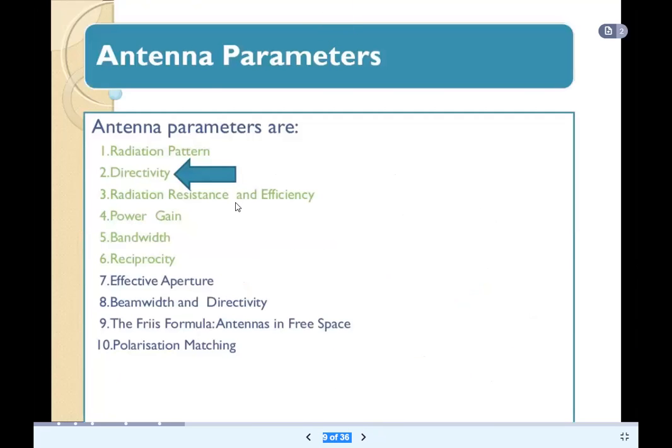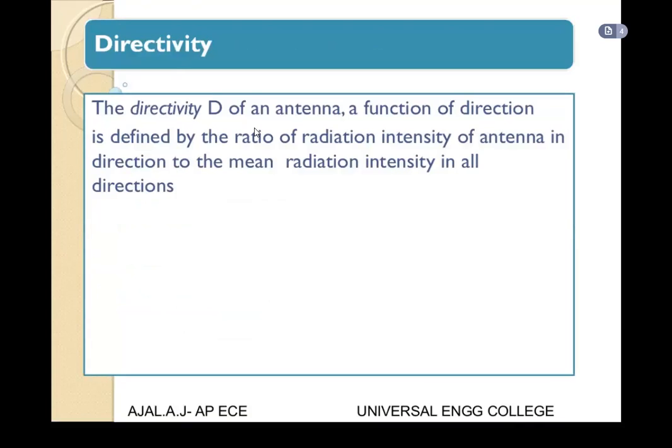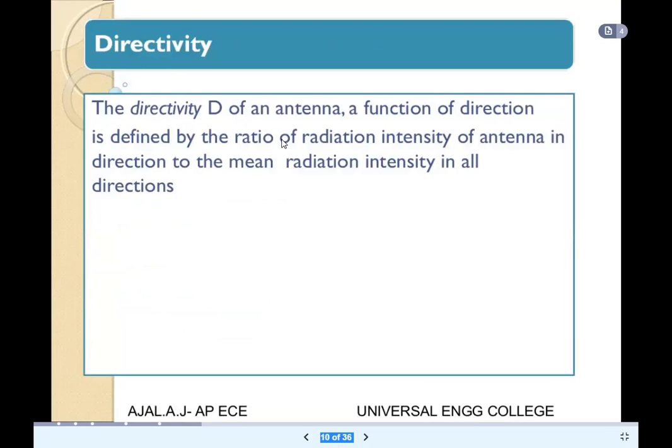The next important antenna parameter is the directivity of the antenna. Directivity is denoted by the letter D, and it is a function of the direction of the antenna. It is defined as the ratio of the radiation intensity U of the antenna in a given direction to the radiation intensity in all directions.